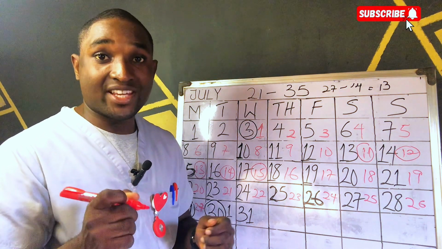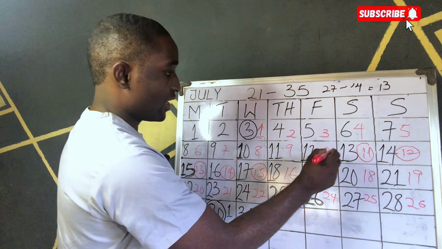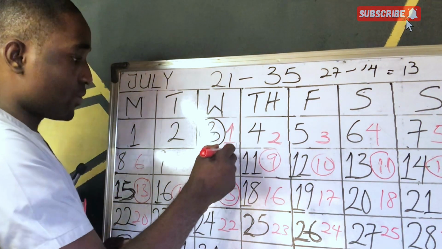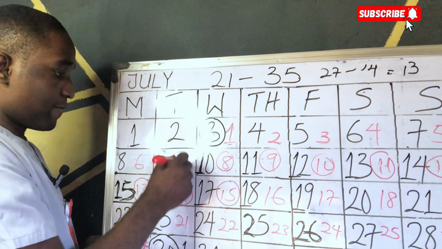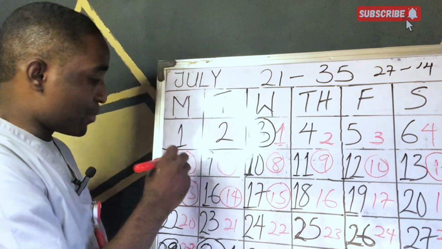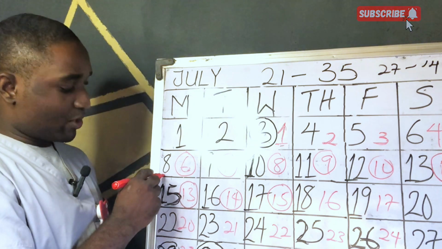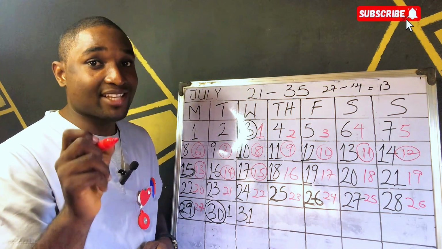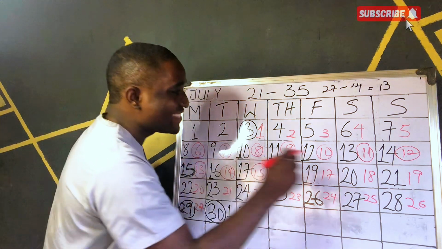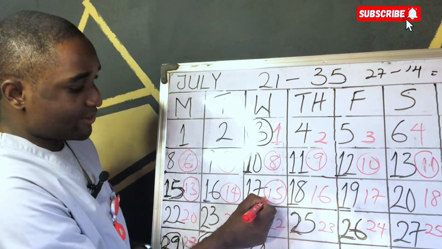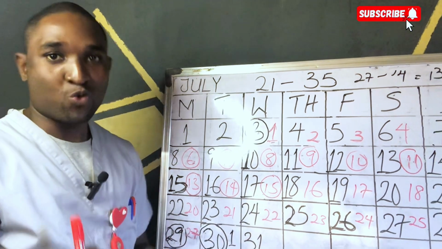So let's count 5 days before day 11. So that will be 1, 2, 3, 4 and 5. So our fertile window starts from here, which is 8th of July. So that means if this woman has unprotected sexual intercourse within these days, I mean from 8th of July till 17th of July, she could get pregnant.